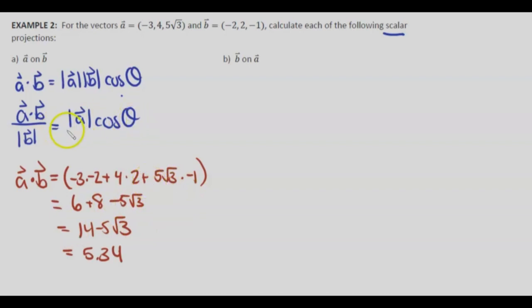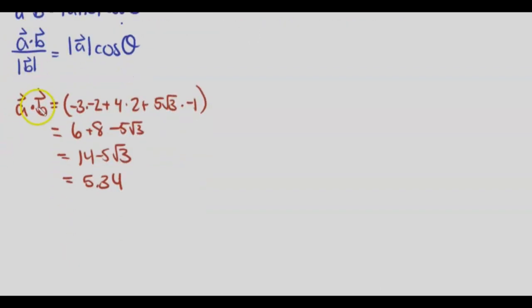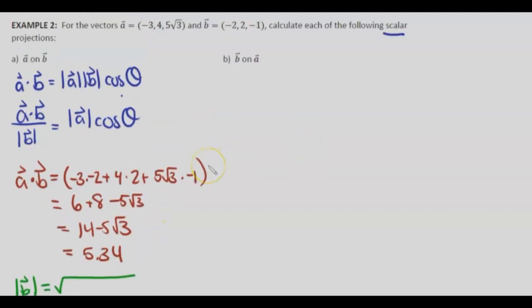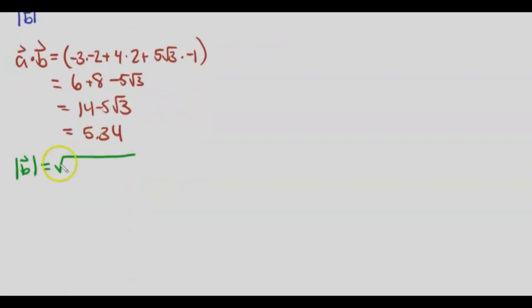Okay, now we need the magnitude of B and then the magnitude of A as well. So let's do the magnitude of B. We're going to find the square root. It's like Pythagoras' theorem, but in 3D. With -2, 2, and -1, we have -2 squared plus 2 squared plus -1 squared.